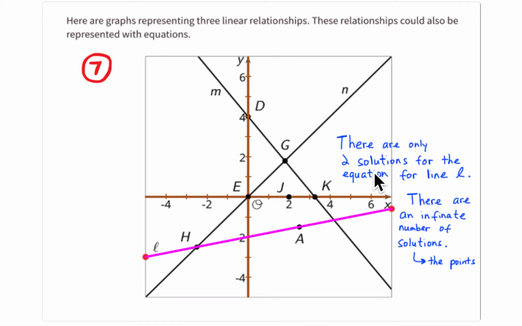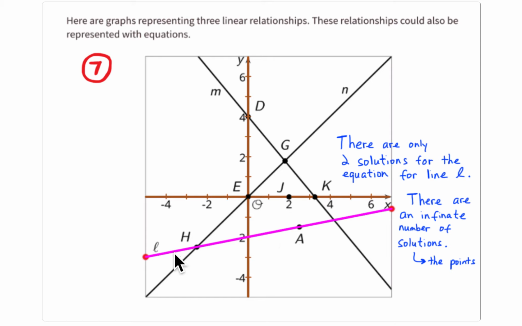Number 7, there are only 2 solutions for the equation for line L. And I think what they want you to look at is point H right here, and this intersection right here, and think, oh yeah, there's only 2 solutions. But in fact, there's an infinite number of solutions. So remember that a line is made up of an infinite number of points.